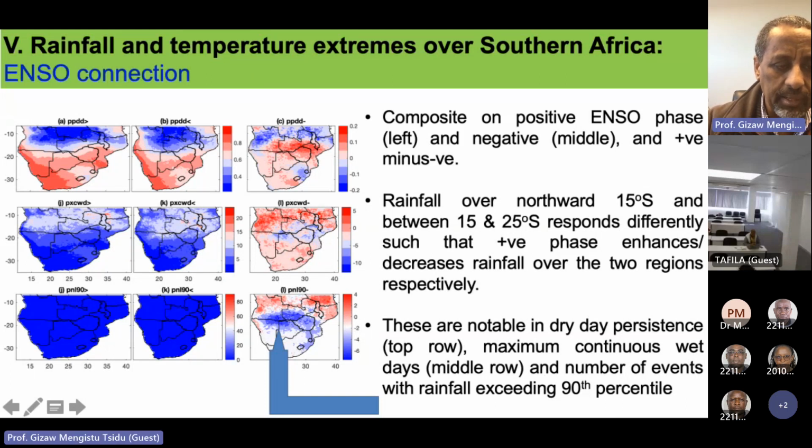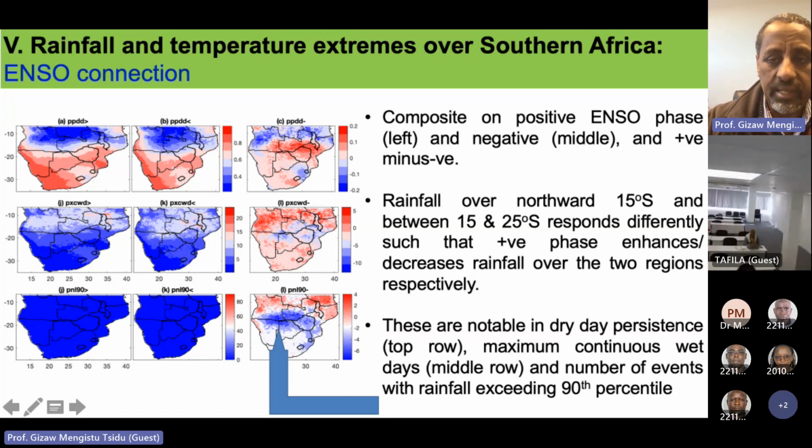And there is also PNL90, another index that describes wetness. The greater symbol basically means El Nino, the less symbol shows La Nina.